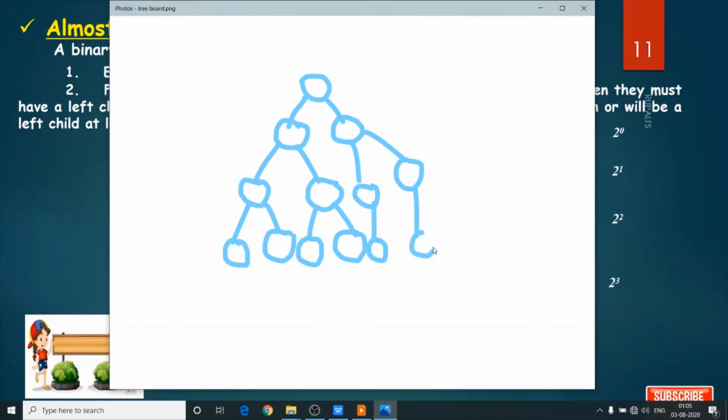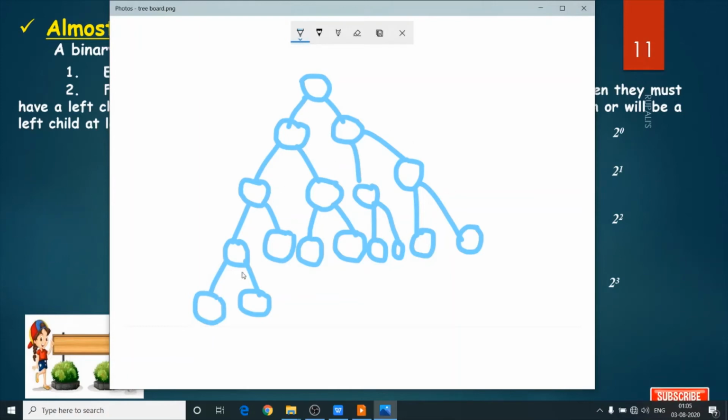No. Is this one? Yes. Is this one? Yes. Is this one? No. Is this one? Yes. So you have to complete from the left hand side each level. That is an almost complete binary tree.